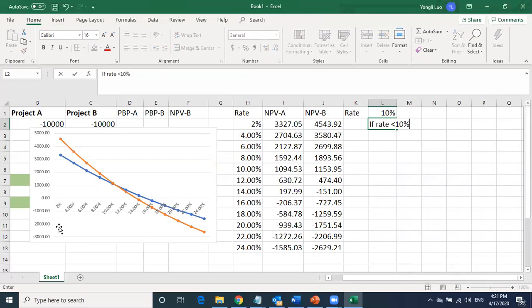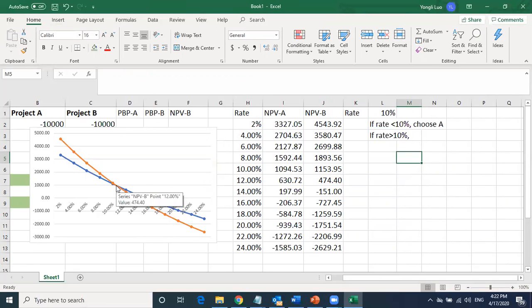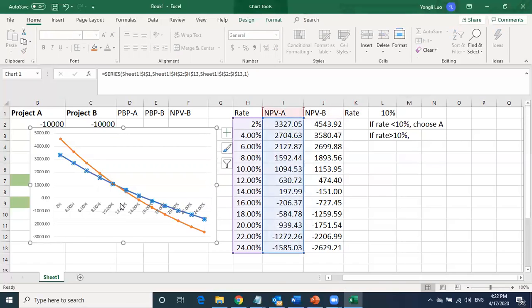If the required rate of return is less than 10%, you see project B has a higher net present value than project A at any given rate, so you choose project B. If the required rate of return is greater than 10%, which is past the crossover point, you choose the blue line, project A. At any given interest rate there, project A has a higher net present value.